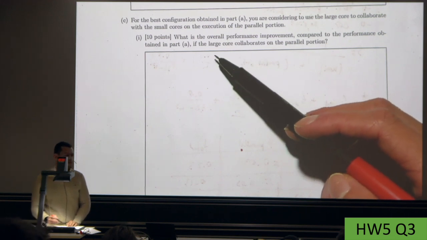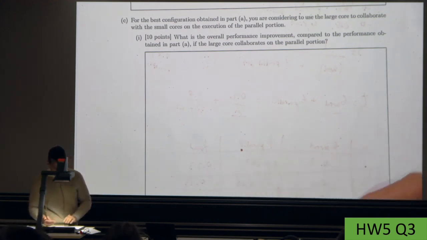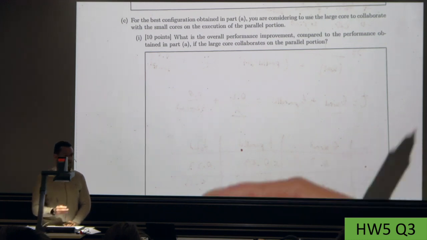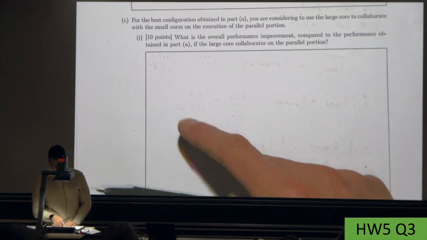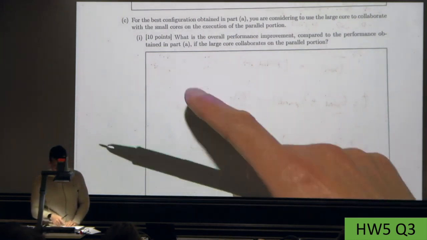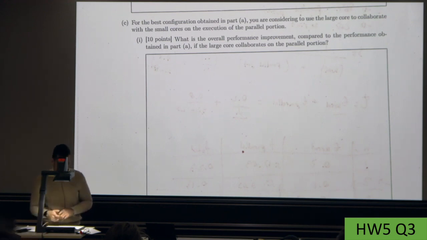Before, the serial portion was executed only on the larger core, and the parallel portion only on the small cores. Now the larger core is going to help execute the parallel code also. The first item asks what the overall performance improvement is compared to part A if the larger core collaborates on the parallel portion.